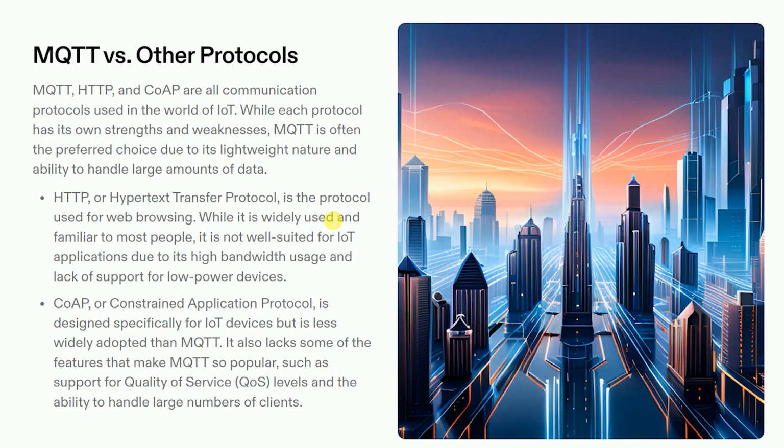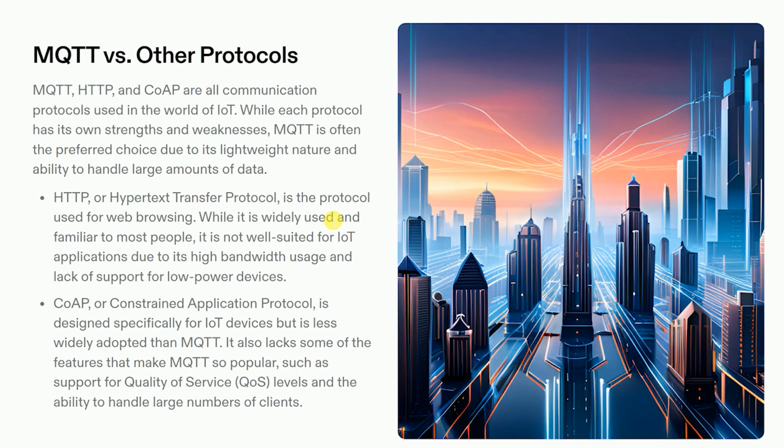Now CoAP, which is the Constrained Application Protocol. It is also designed for IoT, but it lacks a few features compared to MQTT. That's the reason it's used, but not as extensively as MQTT, because MQTT has a lot of features.